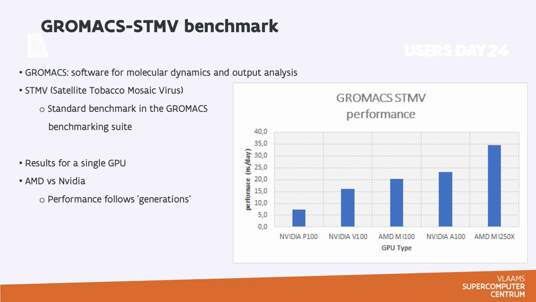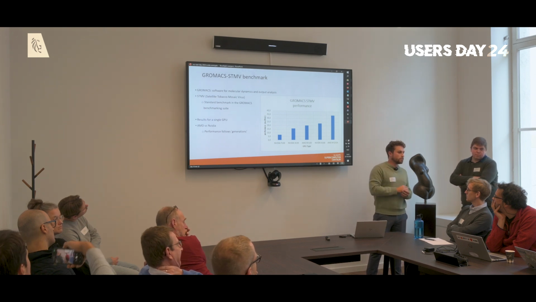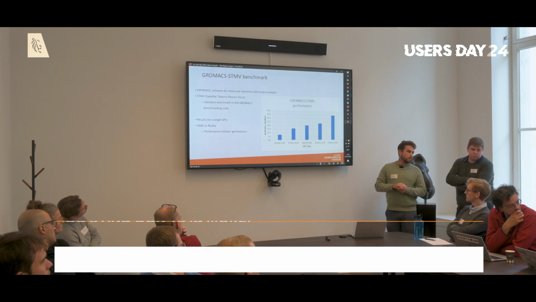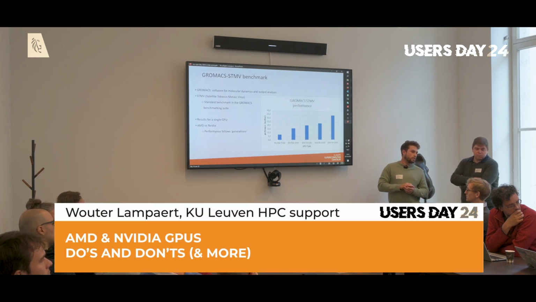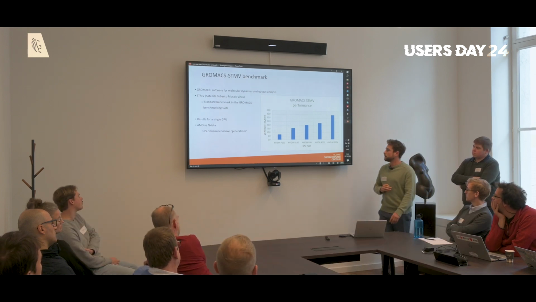And what I mean with that is that from left to right, you go from the oldest to the newest GPU. So there does not really seem to be a difference between AMD and NVIDIA. You had a question, yes? Yeah, the AMD MI250. Are you running on one die or the two dies? That's the two dies, yeah, the full GPU. That's indeed an important difference there.